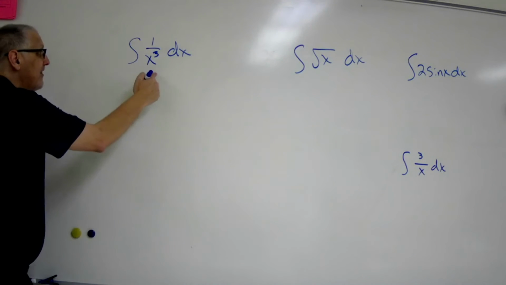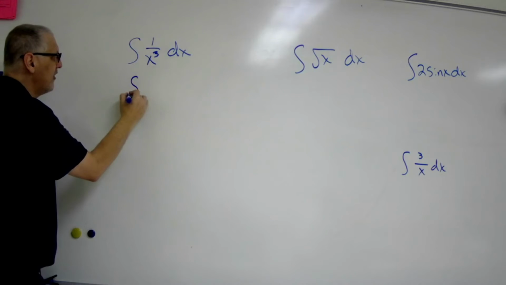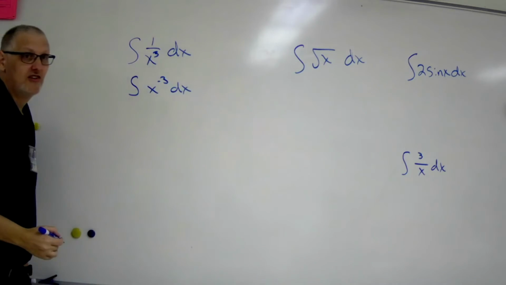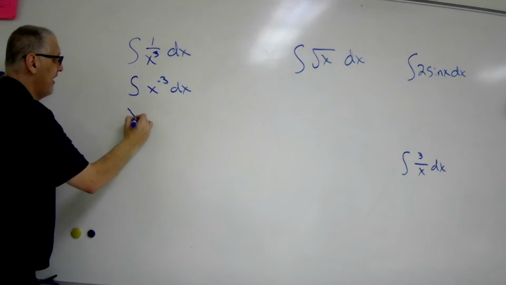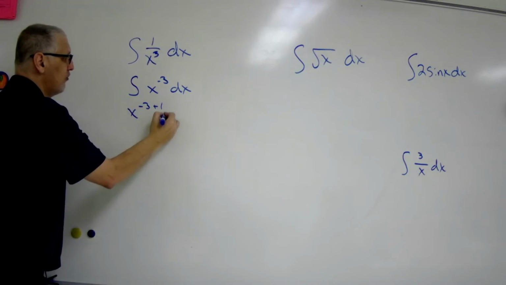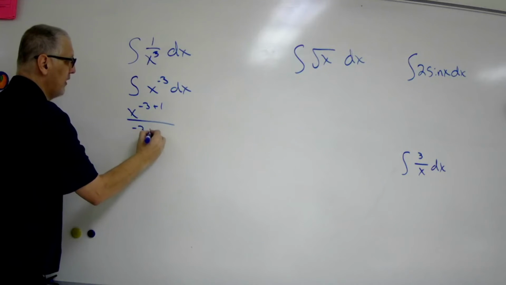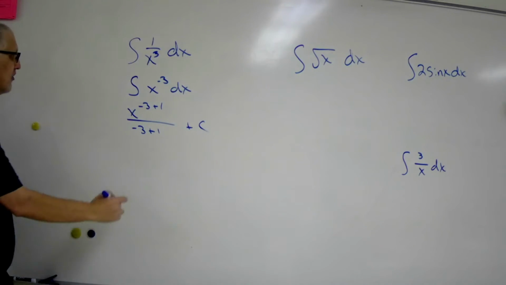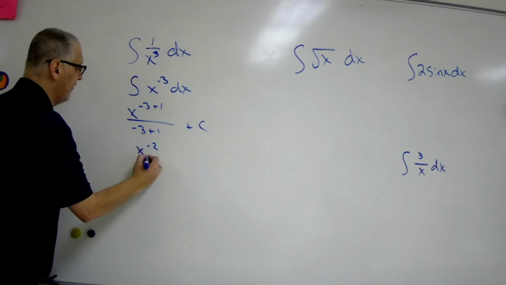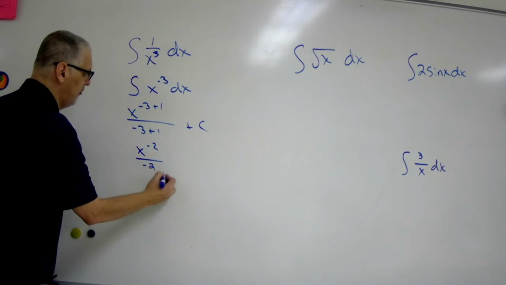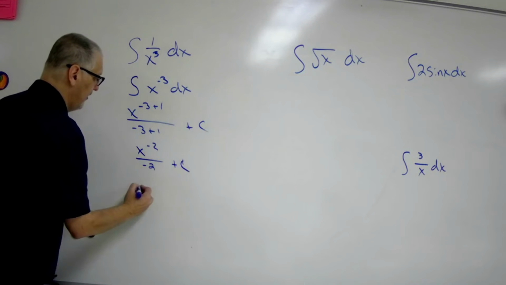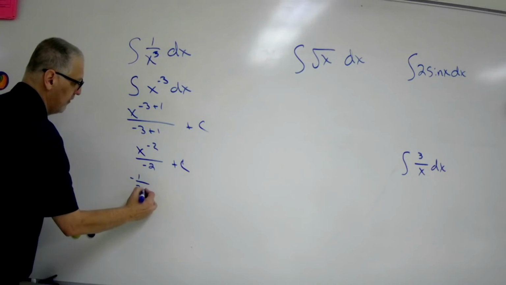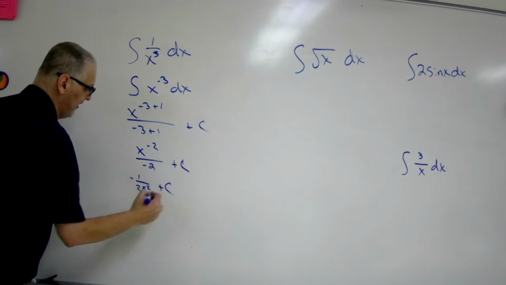Because I'm going to rewrite this as the integral of x to the negative 3 dx. Now when I integrate this, I have x to the negative 3 plus 1 over negative 3 plus 1 plus c, right? So this becomes x to the negative 2 over negative 2 plus c, which should give me negative 1/2 x squared plus c.